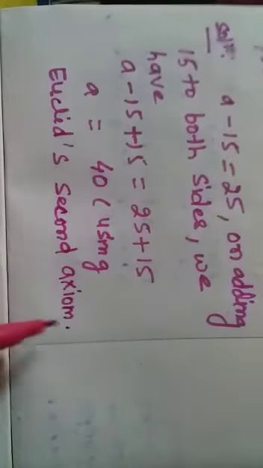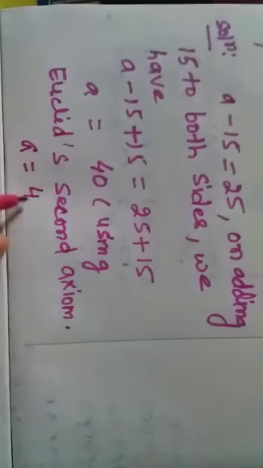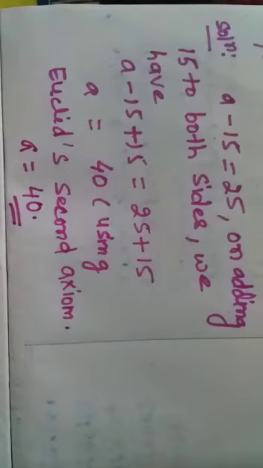Do you remember what Euclid's second axiom is? When equals are added to equals, the wholes are equal. So, using Euclid's second axiom, what did we get? A is equal to 40.